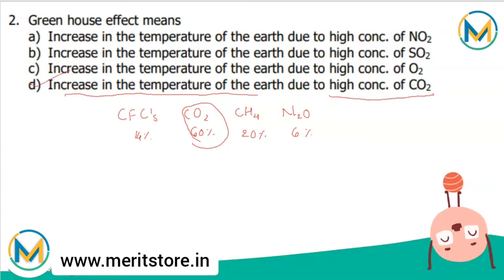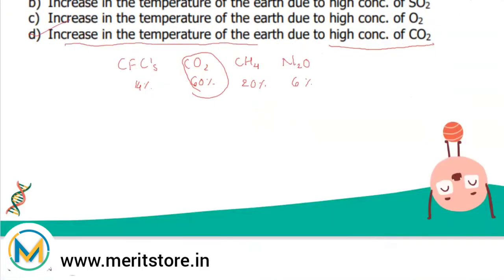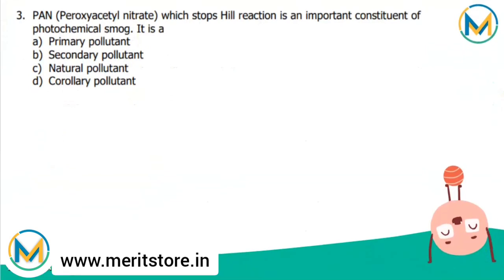Option D. Looking towards the next question, that is PAN, peroxyacetyl nitrate, which stops Hill reaction, is an important constituent of photochemical smog.